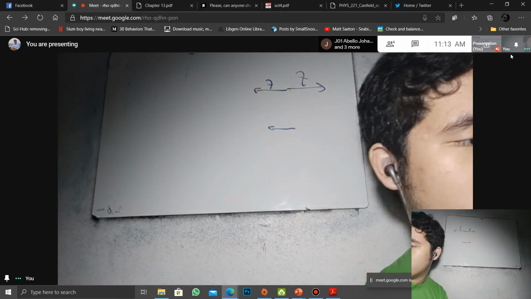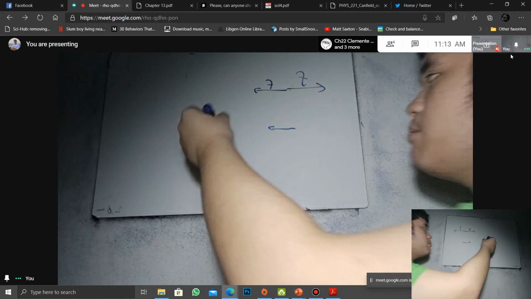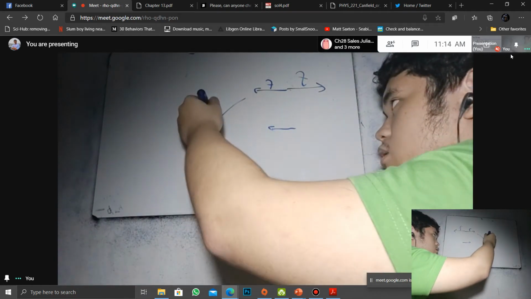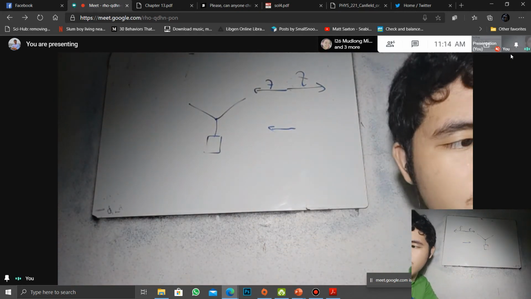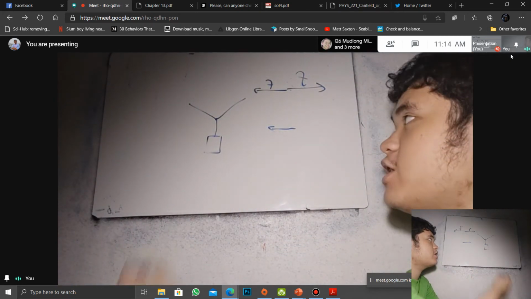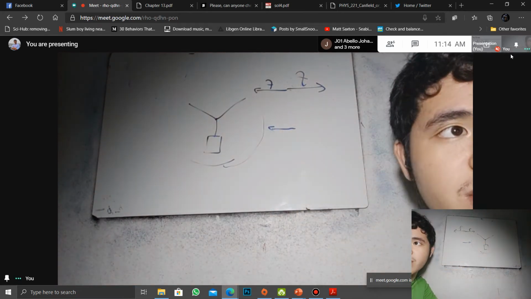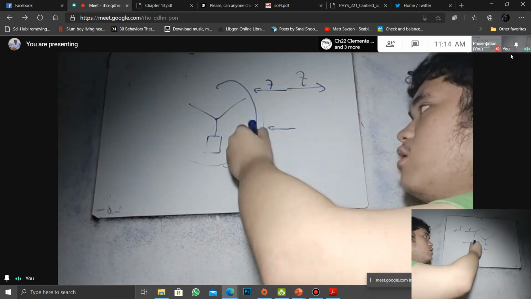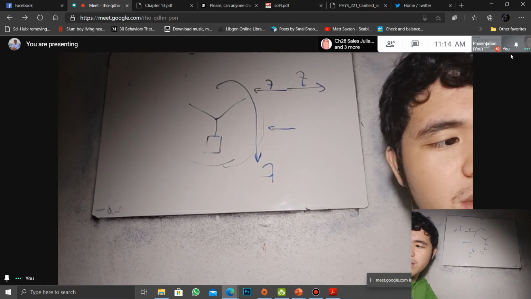Ito, oh. Free body diagram. Okay. So, kung ano man yung net force nito, yun yung amount of force needed to pull yung backpack. Okay?